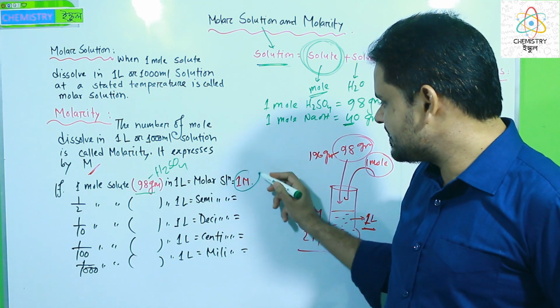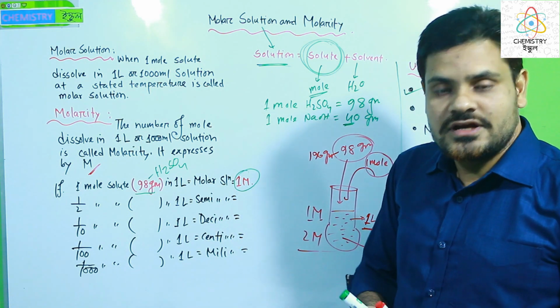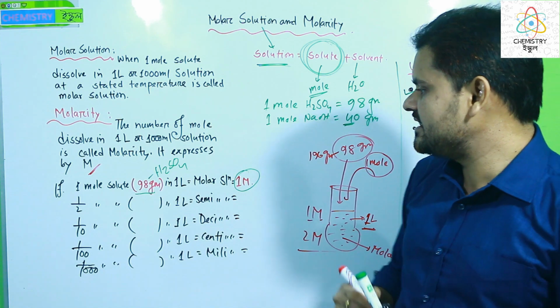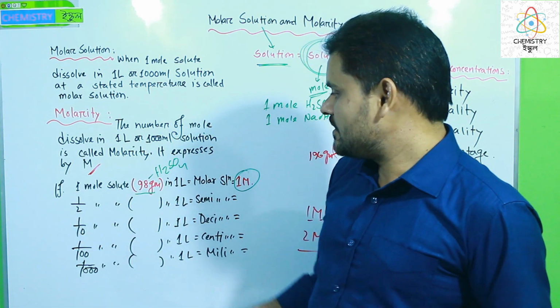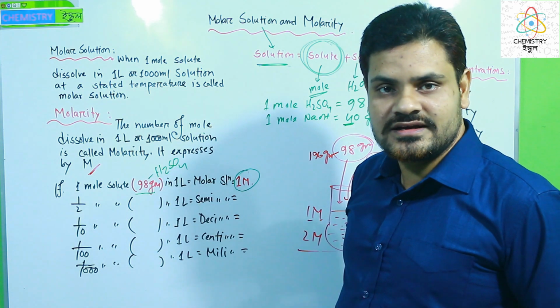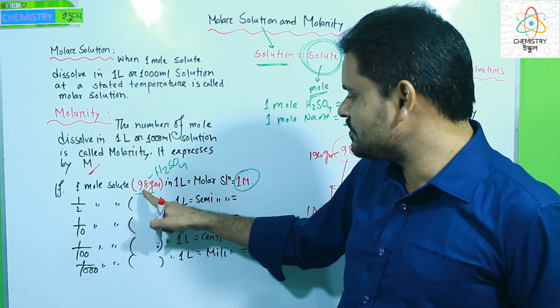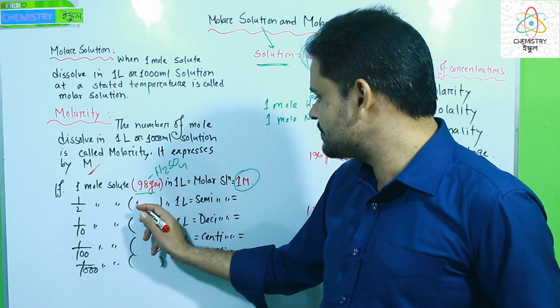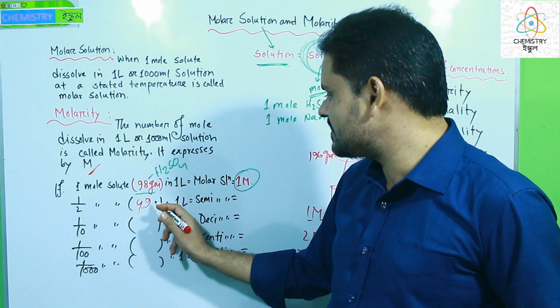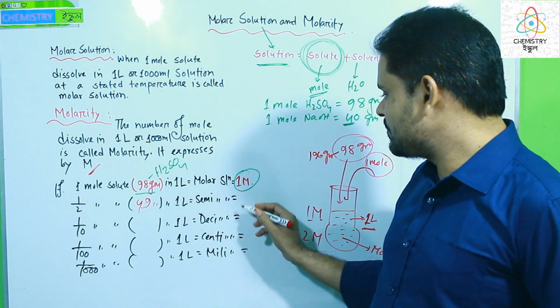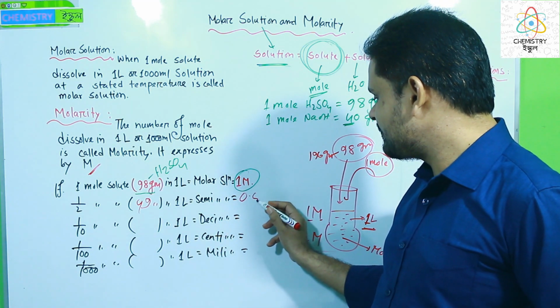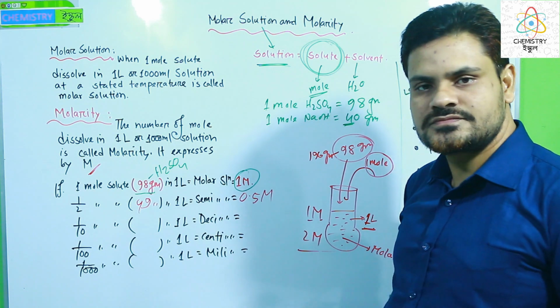We can write molarity 1 M. If we dissolve half a mole of solute, for sulfuric acid, 1 mole is 98, half mole means 49. If we dissolve 49 gram in 1 liter, then it will be the semi-molar solution and the molarity will be 0.5 M.